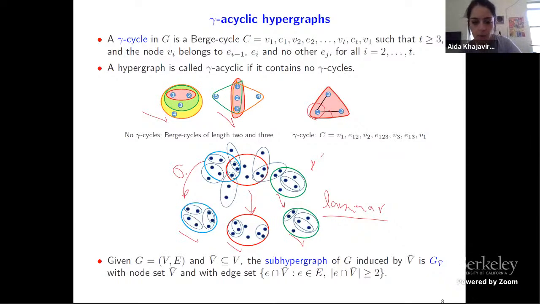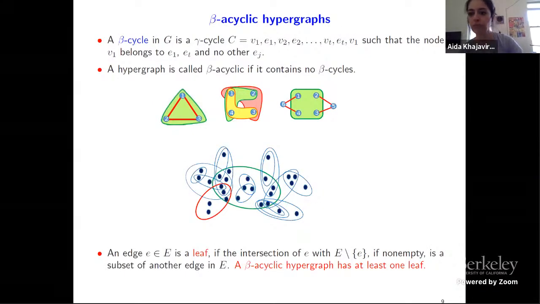Let's go one degree more general. The next class is the class of beta acyclic hypergraphs. A beta cycle is a gamma cycle such that every node in the cycle belongs to exactly two edges in the cycle. So remember, in the past I told you in a gamma cycle, you can have one node that can be present in all the edges of the cycle.